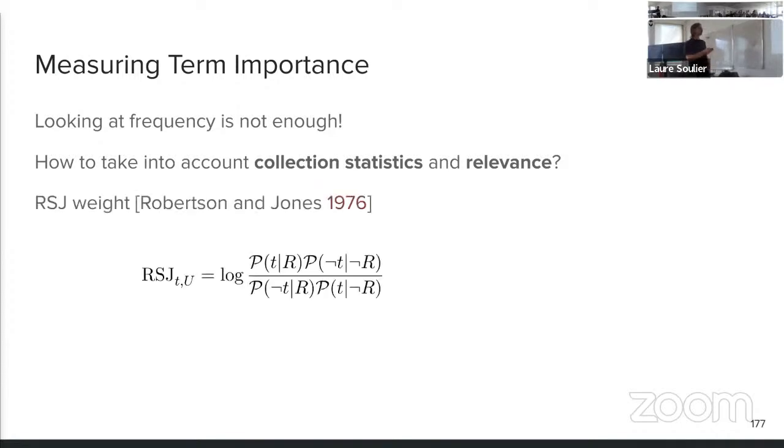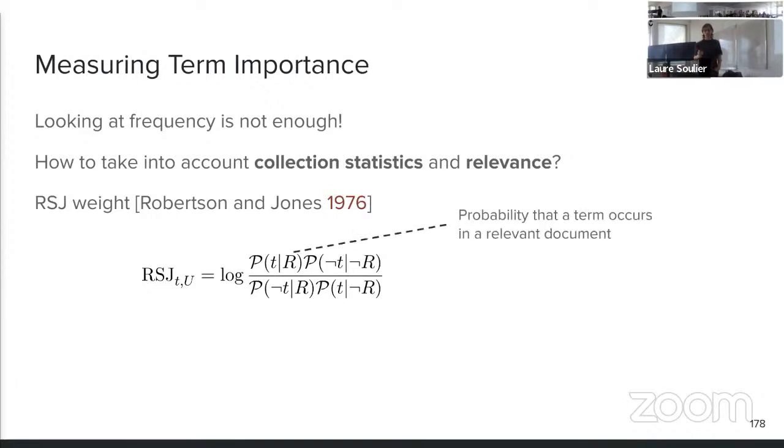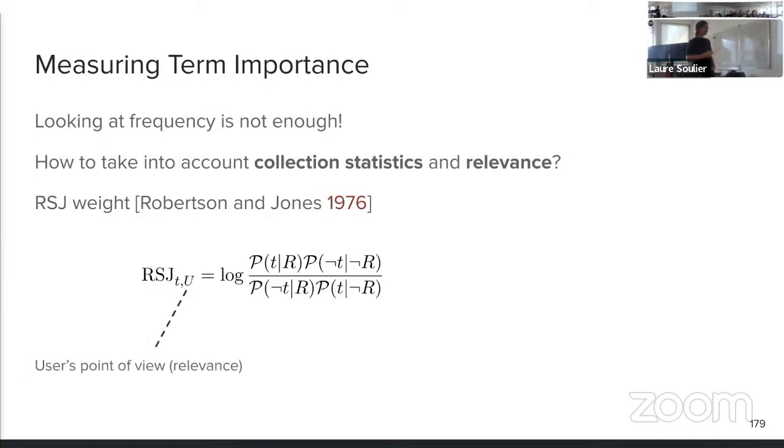And actually, we can use the Robertson-Spärck Jones weight, which quantifies to which extent a given query term allows us to distinguish between relevant and non-relevant documents. To compute this, we need to estimate a bunch of probabilities, and once again, we estimate this from the collection statistics and the qrels.